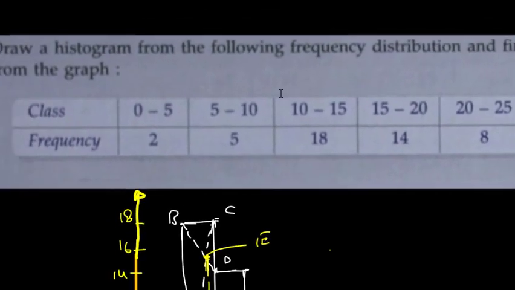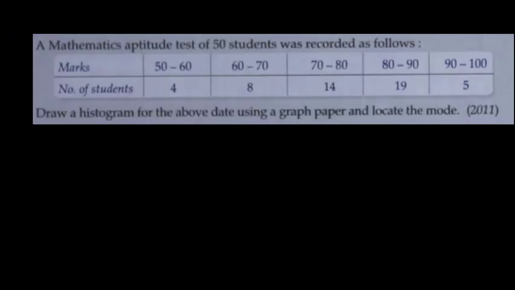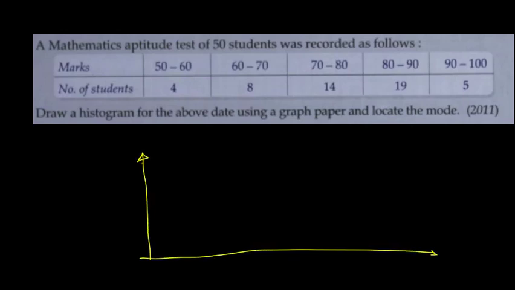Okay, fine. Now let us see the next question. Here in this second question, the marks are 50 to 60, 60 to 70, 70 to 80, 80 to 90. When you draw the x-axis and y-axis, this is the origin, so this is 0. It is not like 0 to 10, then 10 to 20, it starts from 50.